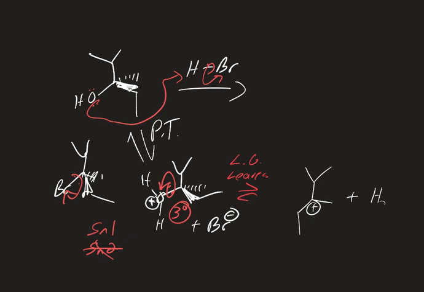So you make water, and the Br minus is still floating around too. Then it's the same thing as happened before, right? The bromine can come from the top, or it could come from the bottom because carbocations are planar. So you'll get both enantiomers. You'll get the molecule with bromine as R and the molecule as S. So just like before. All right, so this would be the nuke adds.